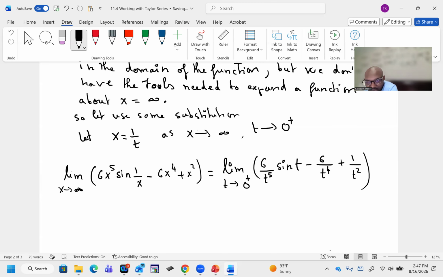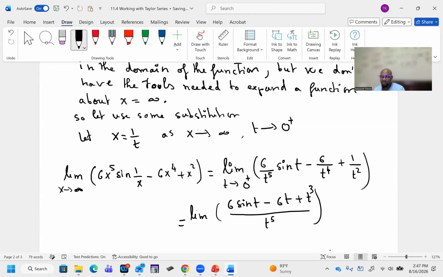And then we can go ahead and put this over the same denominator first. The common denominator will be t to the power of 5. So we'll have the limit of 6 sine of t minus 6t plus t cubed, divided by t to the power of 5.